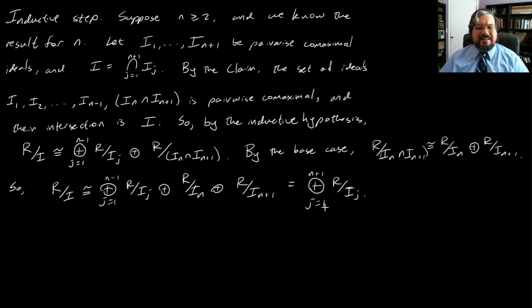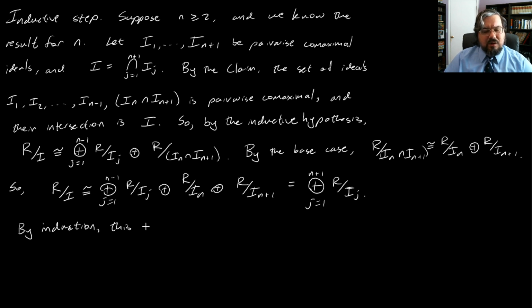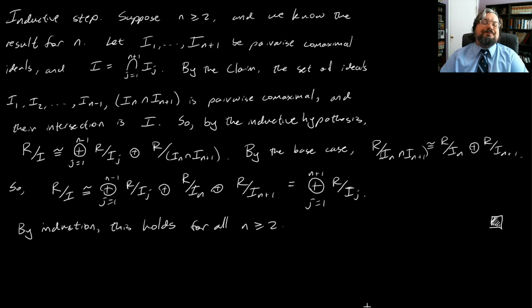This is exactly the isomorphism that we're looking for in the statement of the Chinese remainder theorem. So by induction, this holds for all n greater than or equal to 2. And that finishes the proof.